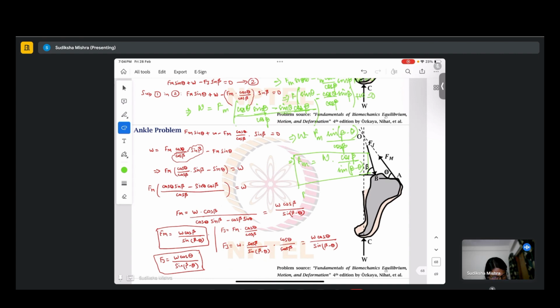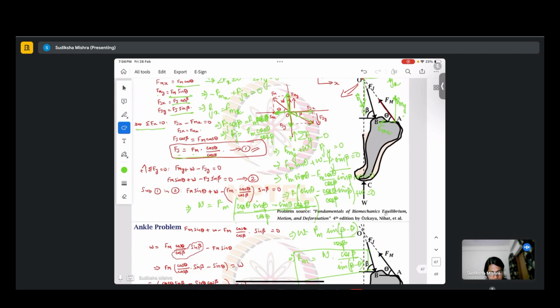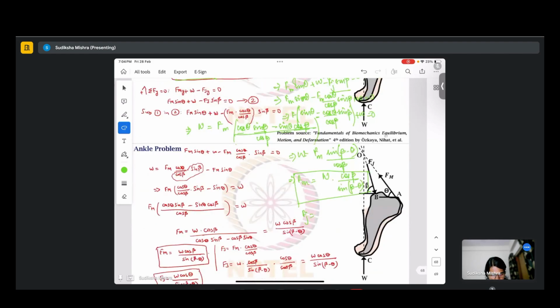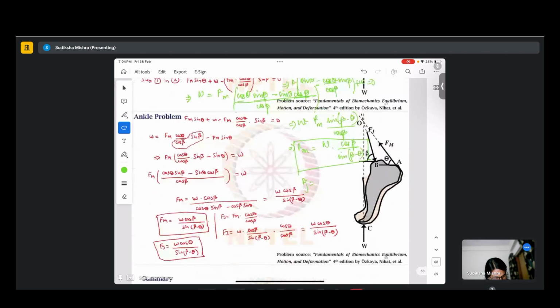Then you can substitute for Fj. So we had found that Fj is Fm cos theta by cos beta.